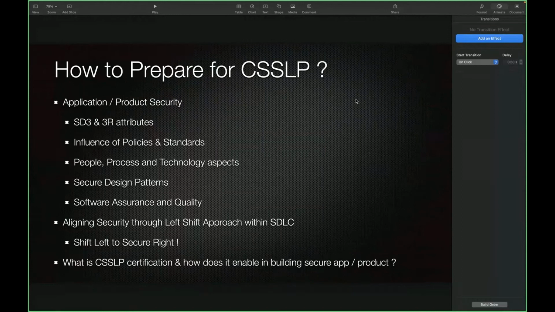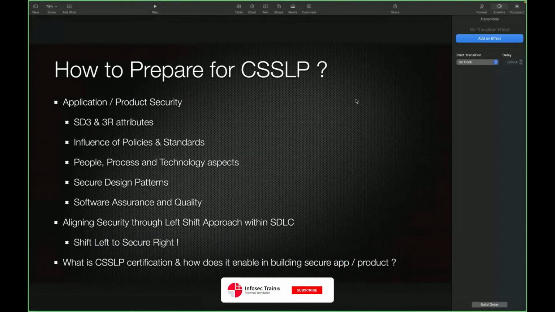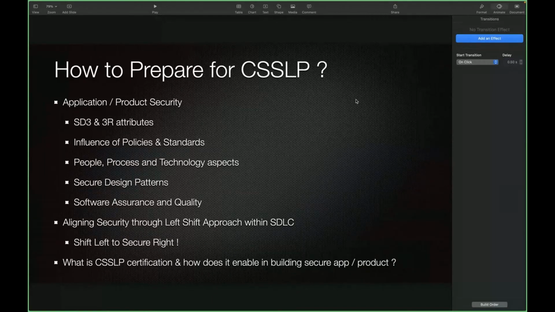Testers or the validation team need to align with the verification and validation standards. And the operational team would need to align with the certification and accreditation standards and the procedures or frameworks that have been established, right? So there are a lot of people involved in this entire process of secure software development.